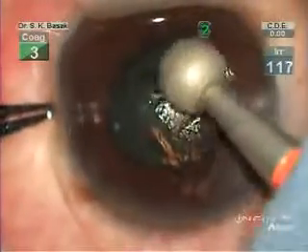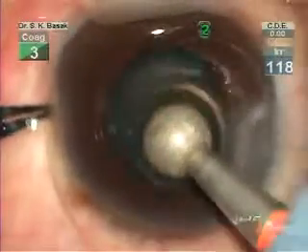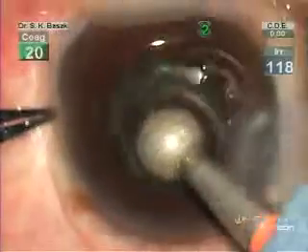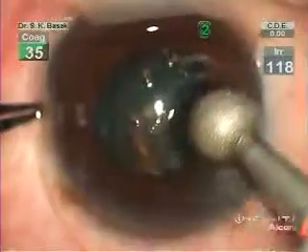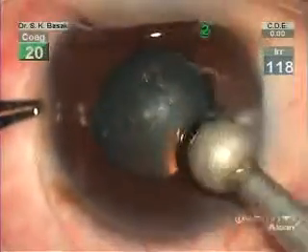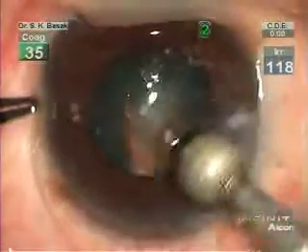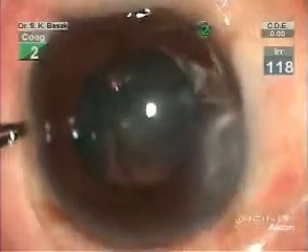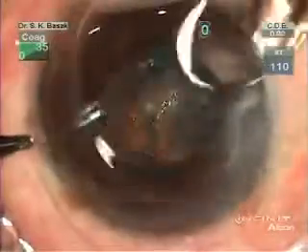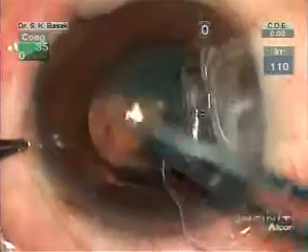Diamond bar polishing to smoothen the corneal bed. At the end, a BCL was placed.